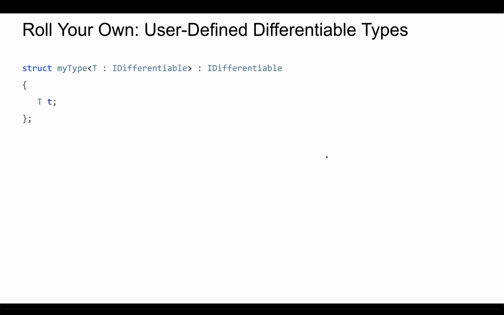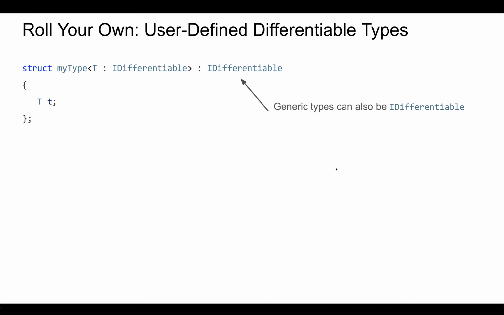Now, generic types can also implement the IDifferentiable interface, which allows you to write reusable code that works with any differentiable type. The rules for how the compiler synthesizes the differential type are consistent with what we've seen so far. For a generic type to be differentiable, its generic parameter must be constrained to be IDifferentiable.